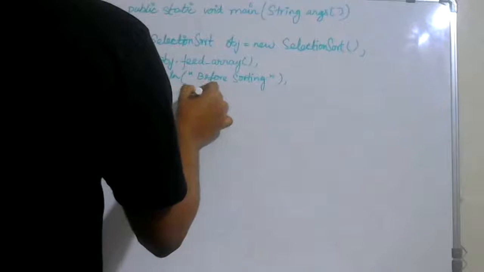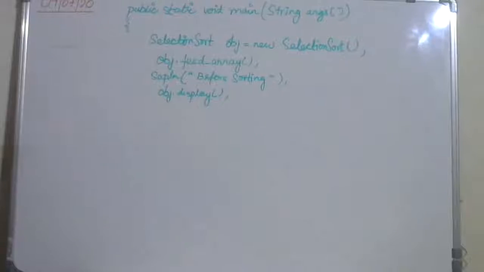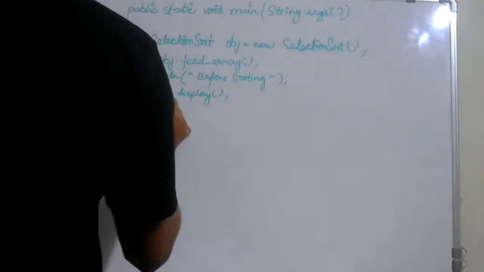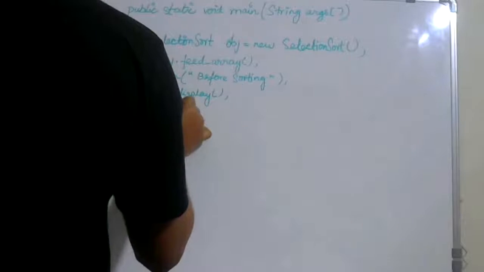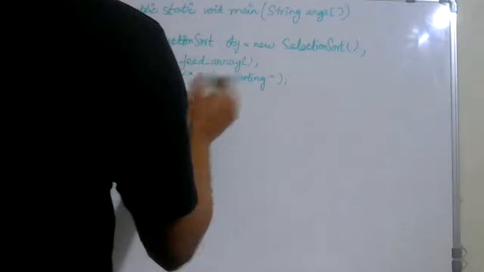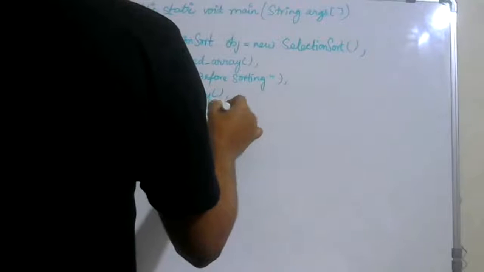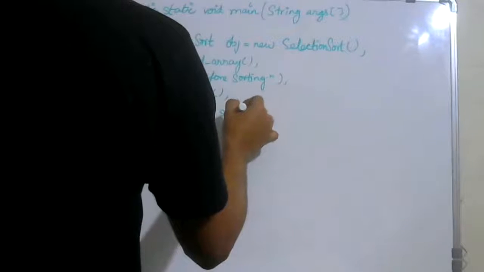This will display the array. So before sorting, we display the array. Now after sorting, we will again have to display the array. So now we write after sorting.